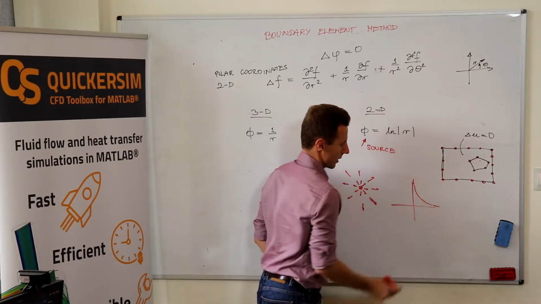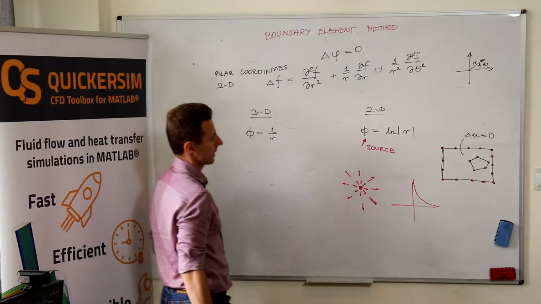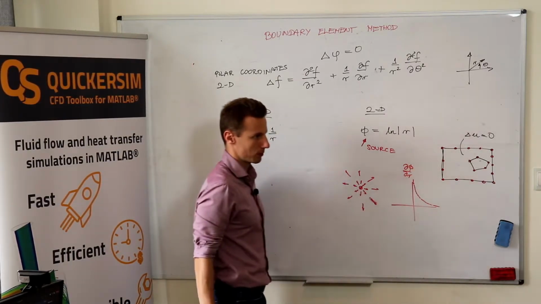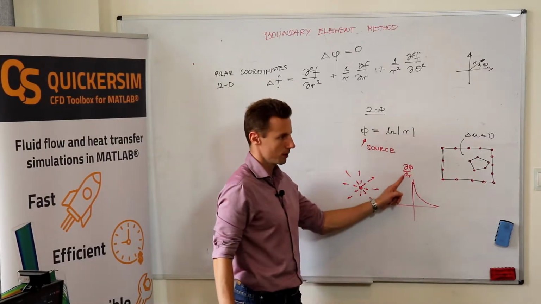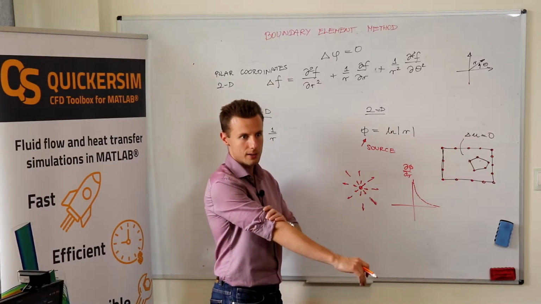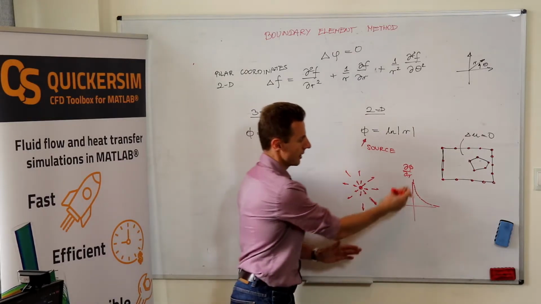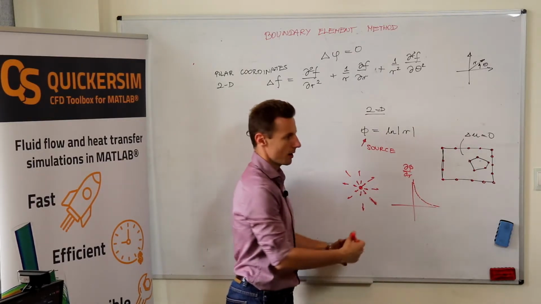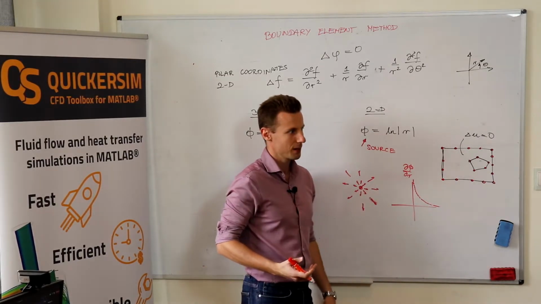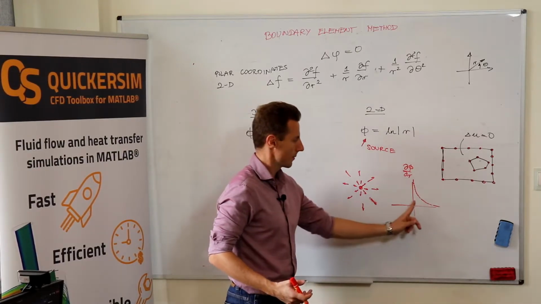And then it goes like that. It's, so to say, d phi with respect to dr. It should represent the flux generated by such a source. Well, and it turns out that it drops with such a rate that on each circumference the flux is conserved, so it does not introduce any additional sources.